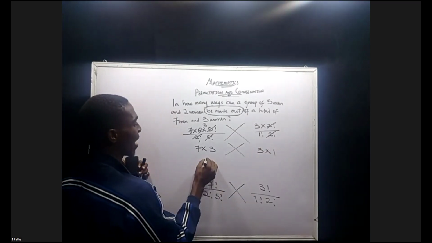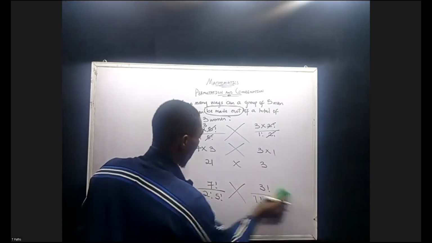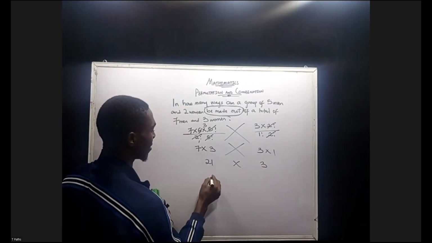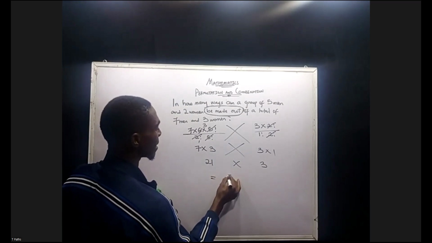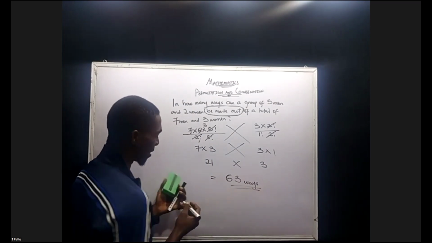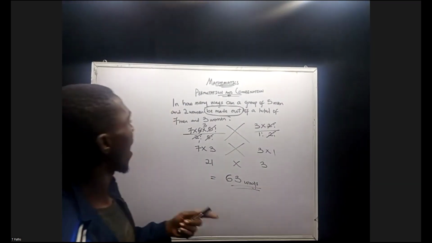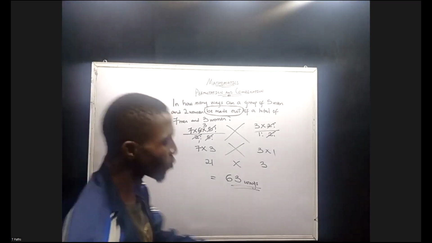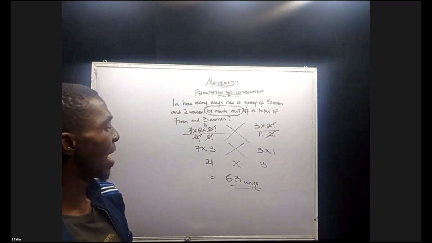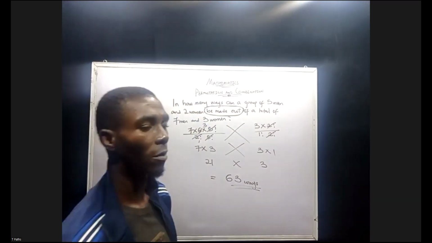So finally I have 21 times 3, and our final answer is 63 ways. So 63 ways is the number of ways you can make out 5 men out of 7 and 2 women out of 3 women. I hope I've made myself clear with your question.